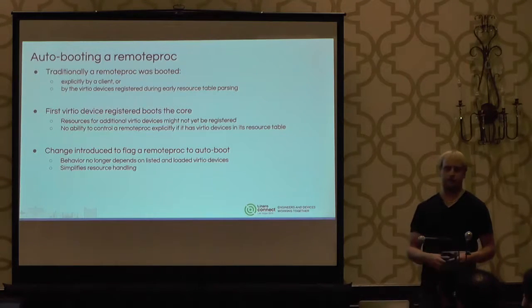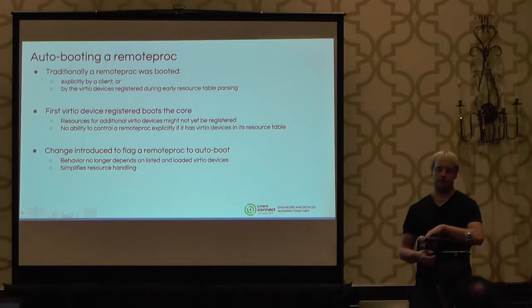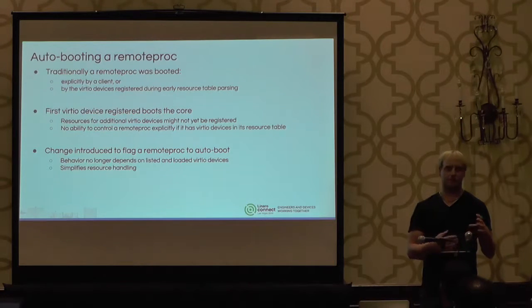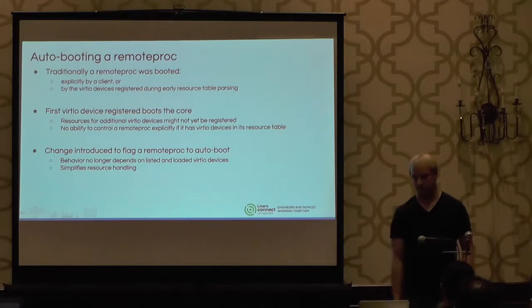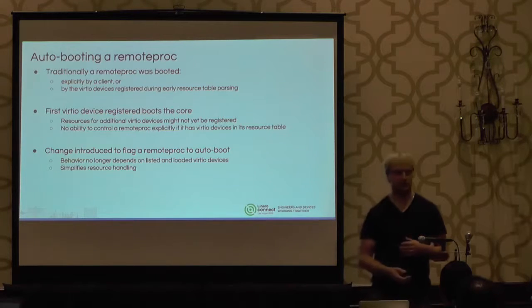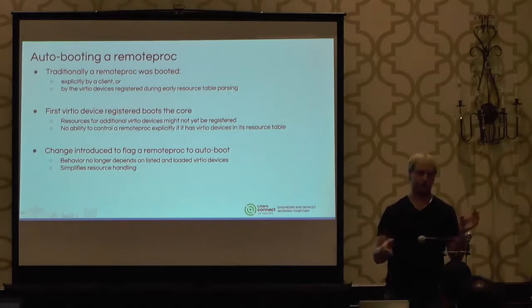And as a side effect, that simplifies resource handling quite a bit, because previously, once we found that the firmware was there, we would trigger the initialization of VirtIO devices, which would then take a second pass at the resource table and allocate all the resources, if there was a VirtIO device. So now it's much easier. When we decide to boot, we parse the resource table once, and we set everything up, then we start.